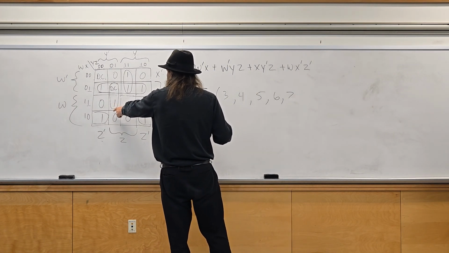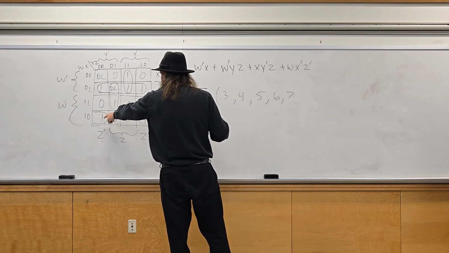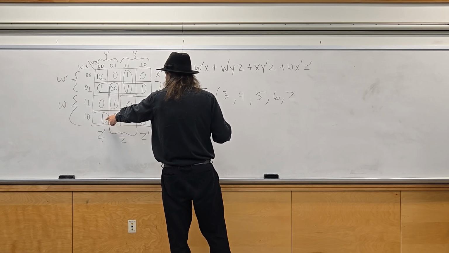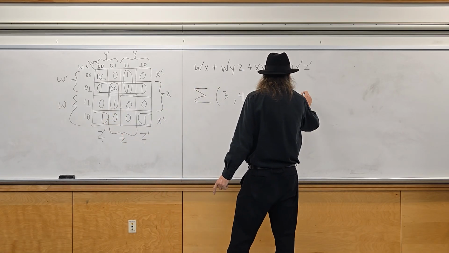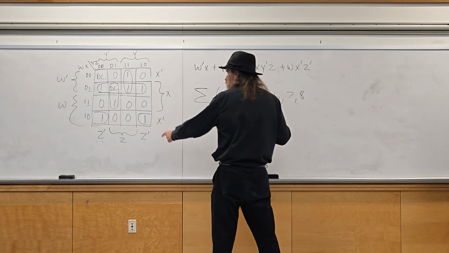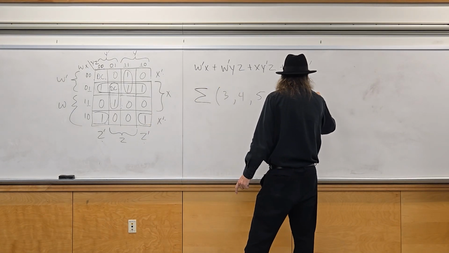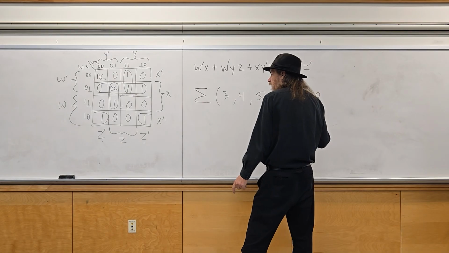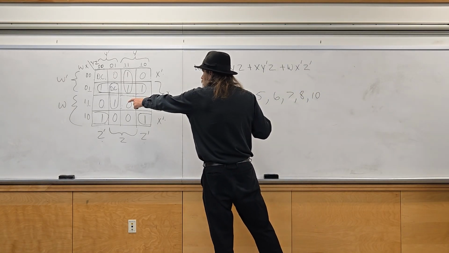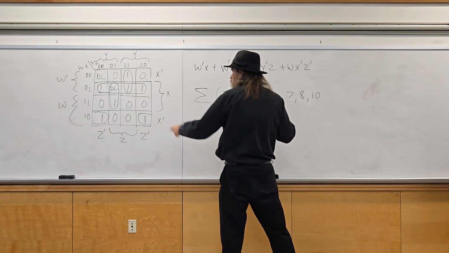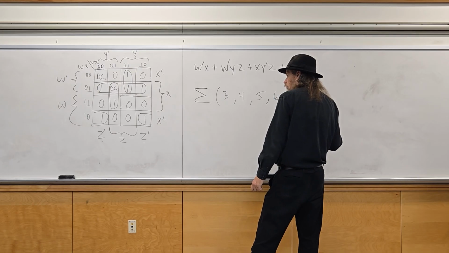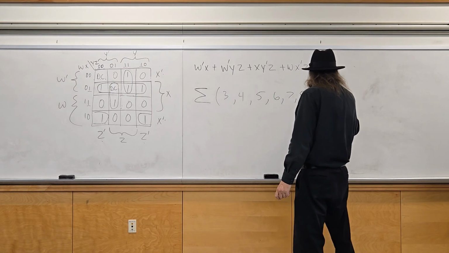Actually, let's do this one next. 1, 0, 0, 0 is 8. 1, 0, 1, 0 is 10. And 1, 1, 0, 1 is, what is that, 13?